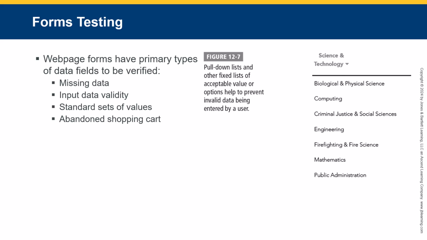Form testing. This is where web page forms have primary types of data that might be missing or unverified. Is there missing data? Is there input validation? Are standards set for values? Are there abandoned shopping carts, and how is that handled? So are there pull down lists? Are there other fixing portions that might be there?